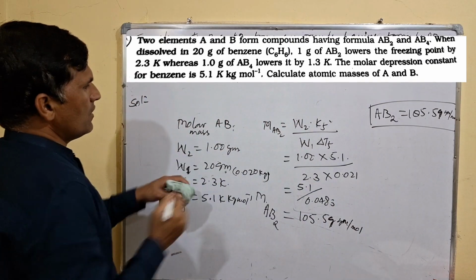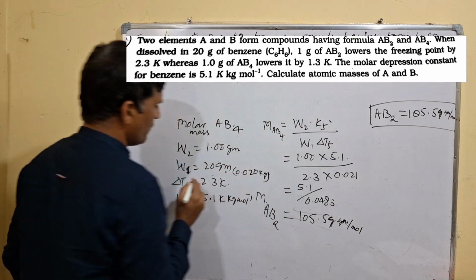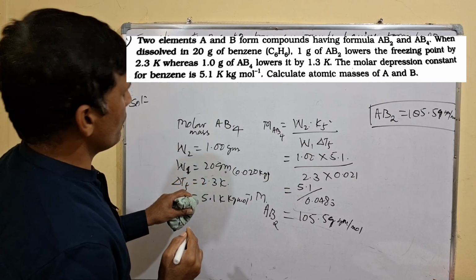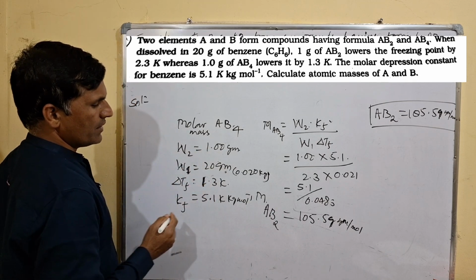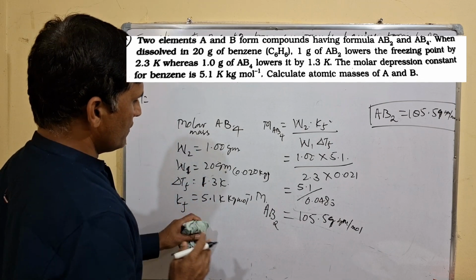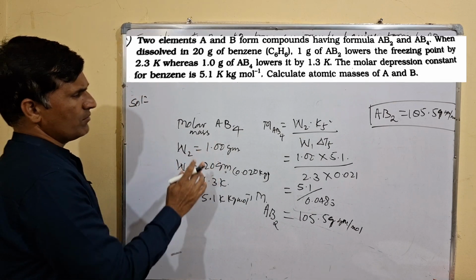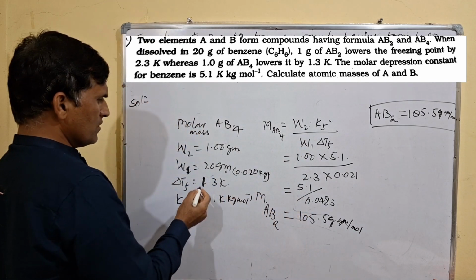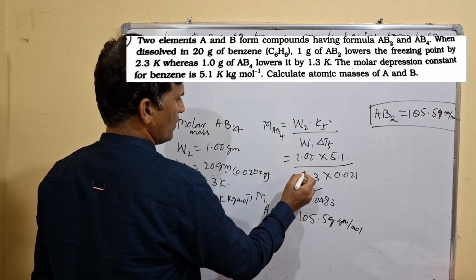Then let us calculate for AB4. Once again we are adding the same thing, only the temperature change will be different. It is 1.3 Kelvin. The rest of the things are the same: 20 gram we have taken, and 1 gram is added again. So for AB4 you change the value here, it is 1.3.